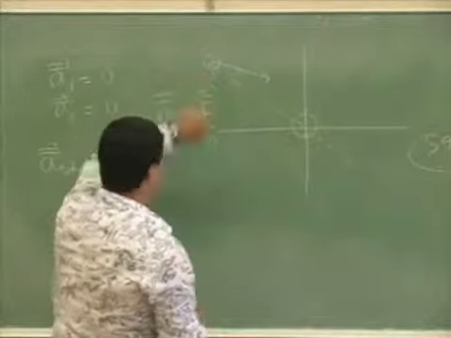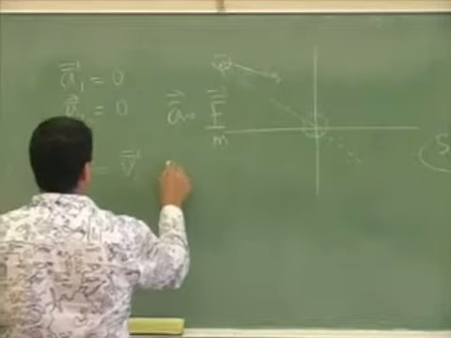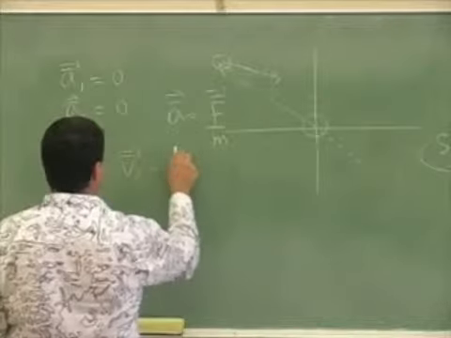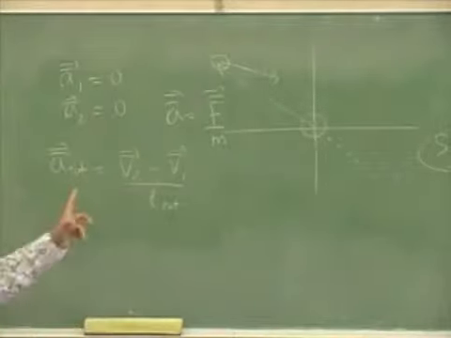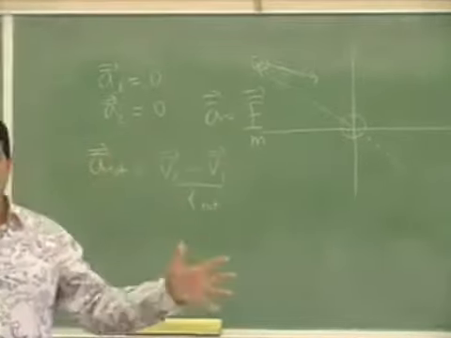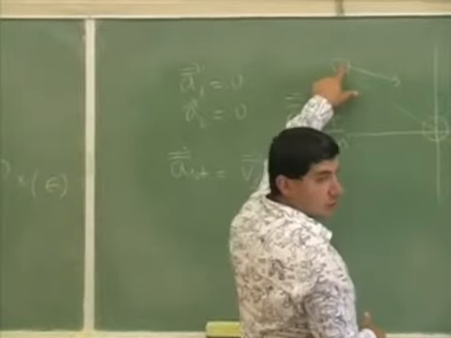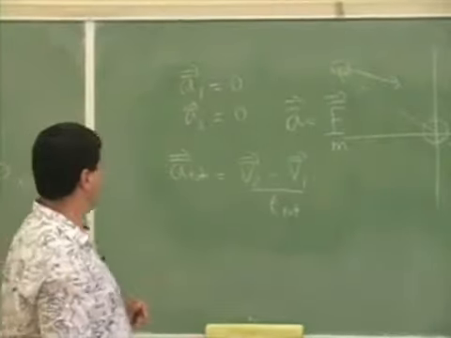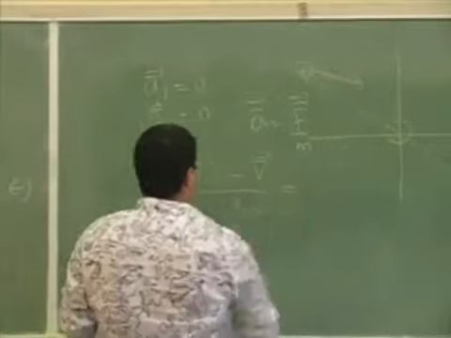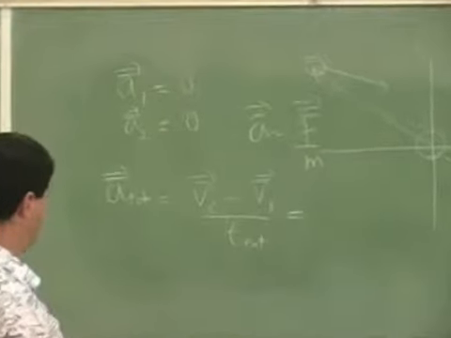So it's equal to V average 2 minus V average 1 over T total. This will give us the average acceleration over the whole stage. It will not give us the instantaneous acceleration at the corner. That one is bigger in magnitude.